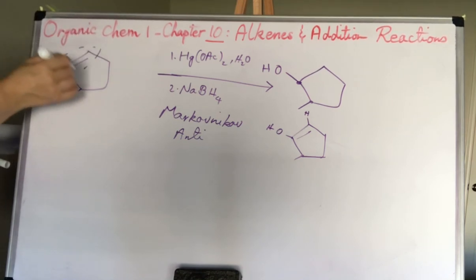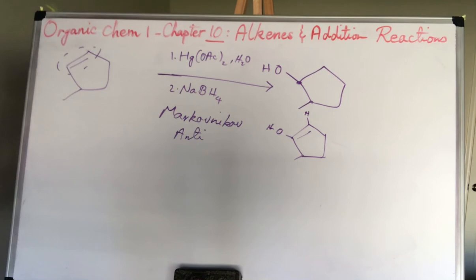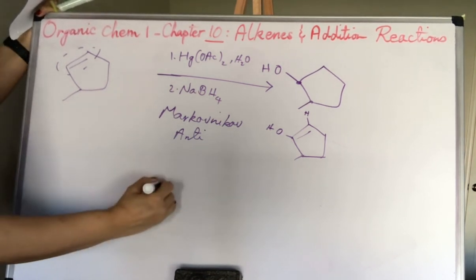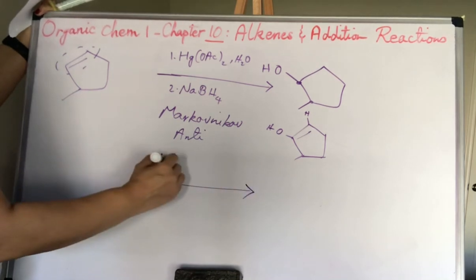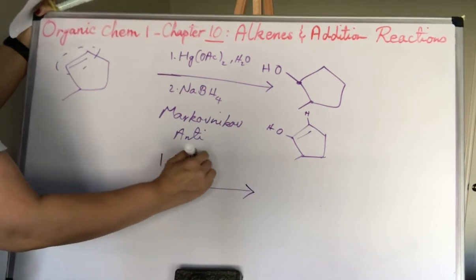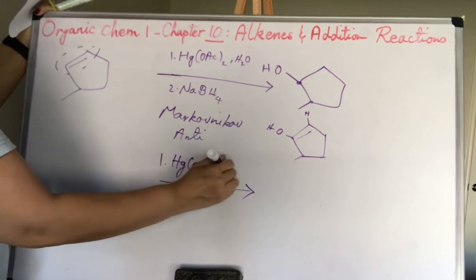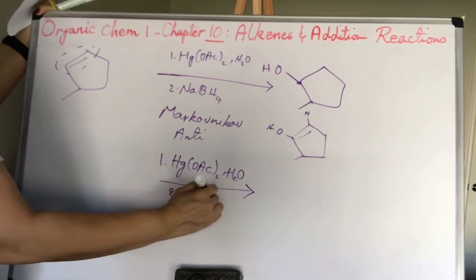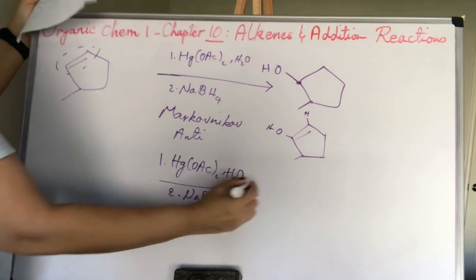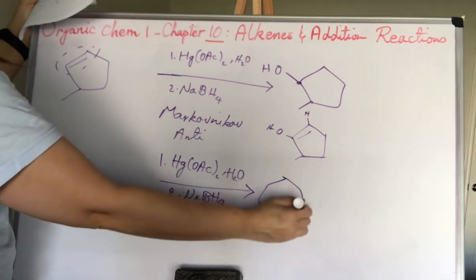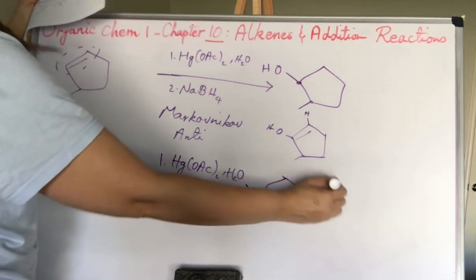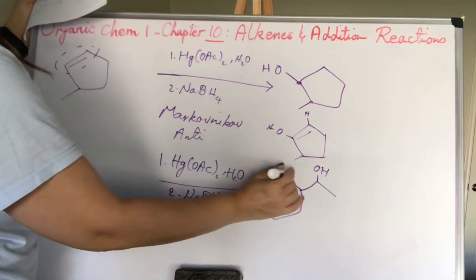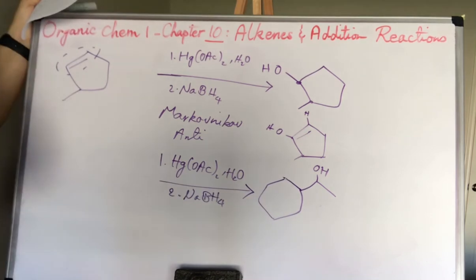So in order to go from product to the reactant, we have to determine the location of the reaction first. It's either here or here, and I just explained why we cannot have the other compound. The other one, with the same exact reagents. Again, we need to determine the location of the reaction.